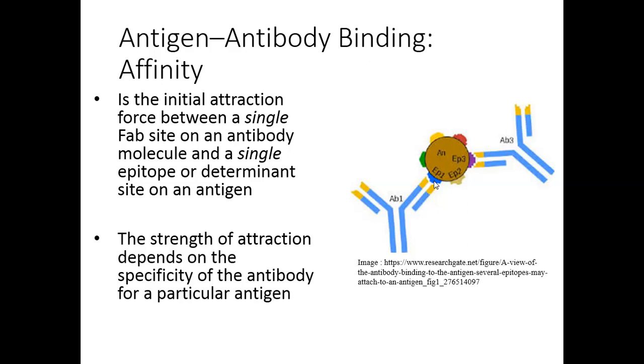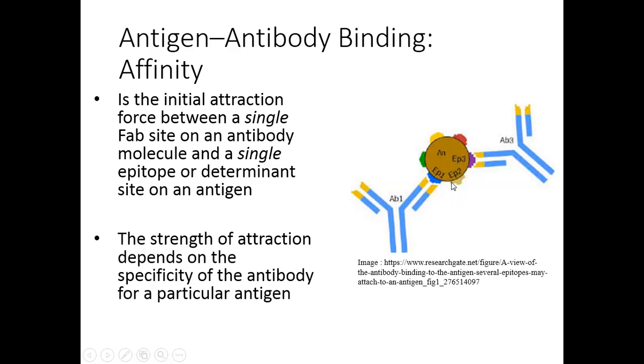So the strength of the attraction, the strength of the affinity, depends on how specific this antibody is to this antigen. So we can see we have antibody 1, and it's only binding to epitope 1. Antibody 3 is specific to epitope 3. Antibody 1 is not going to bind to epitope 2. Look at the structure. Imagine those are amino acid sequences.